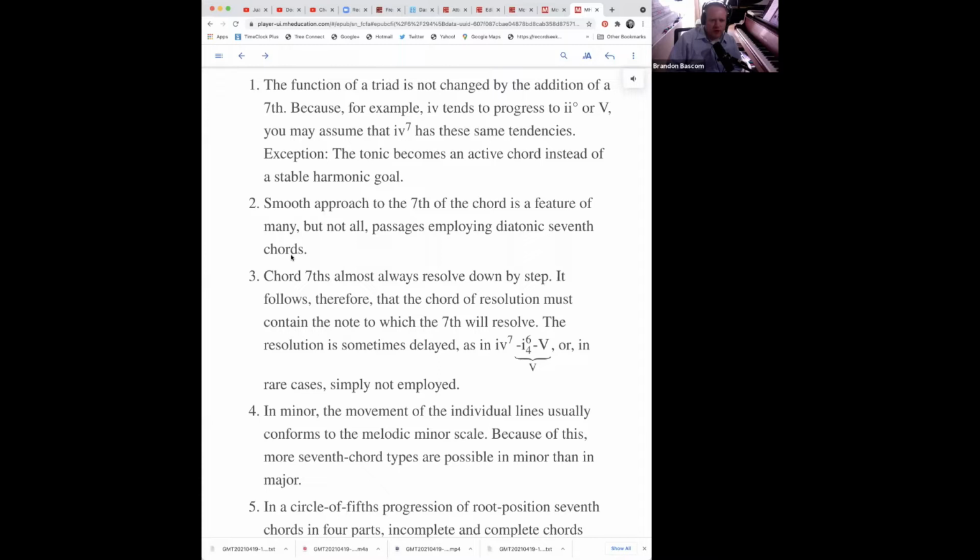Can I clear my screen? Let's look at the next one. Exercise 15-1, C2.